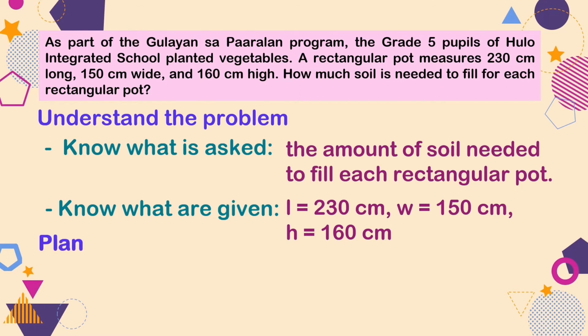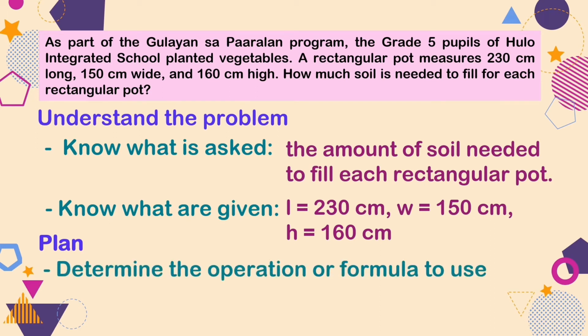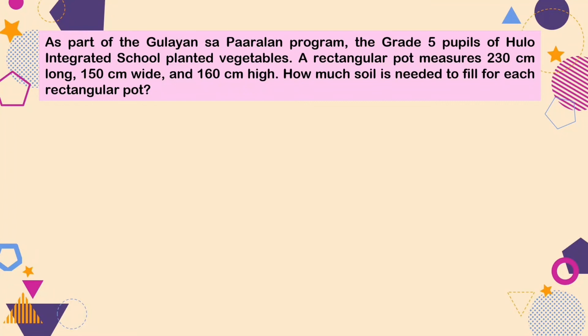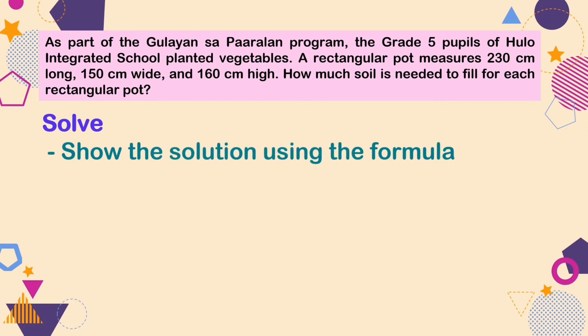Now, plan for the problem. What operations or formula are we going to use? We will use multiplication because we're going to have this formula: volume equals length times width times height. Then, solve the problem by showing the solution using the formula.